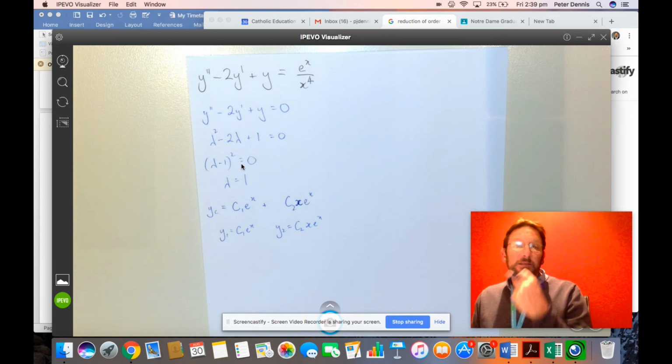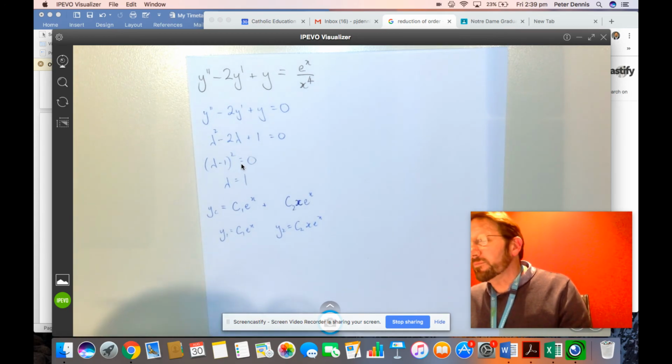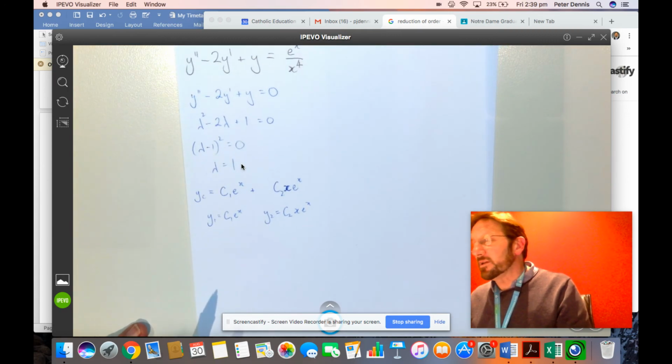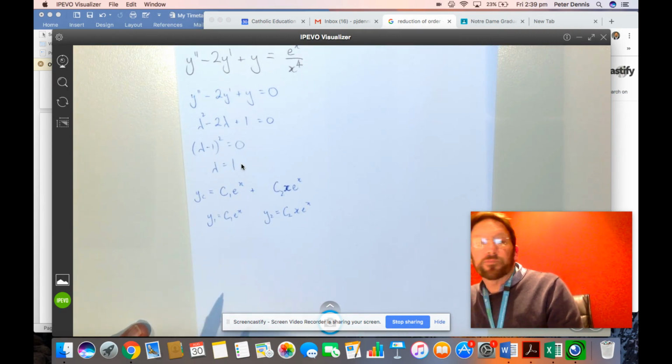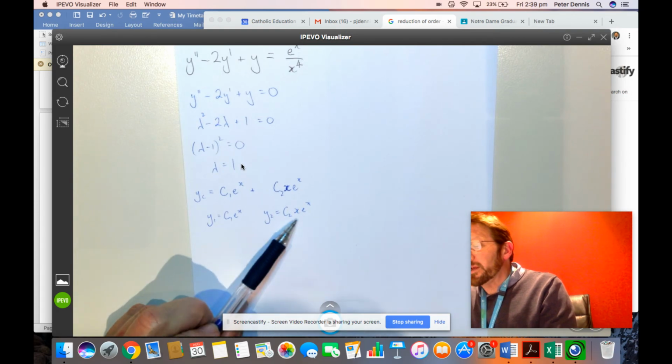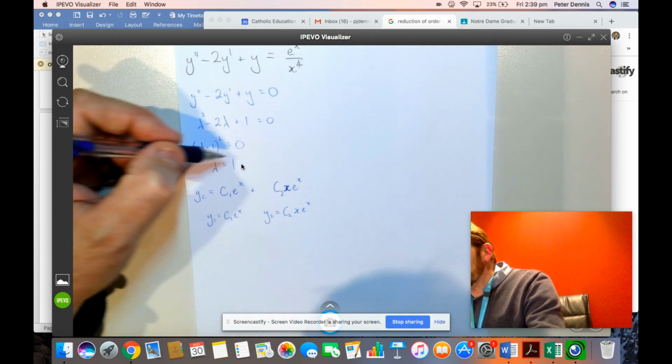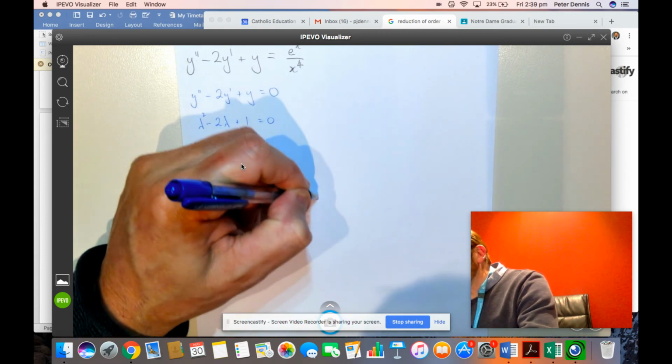So that's our first thing that we have to be aware of. This is one of those cases where we need linearly independent solutions, so we've got to put an x in here. That's our first step.